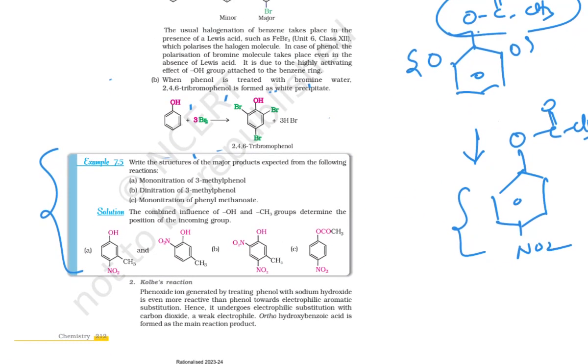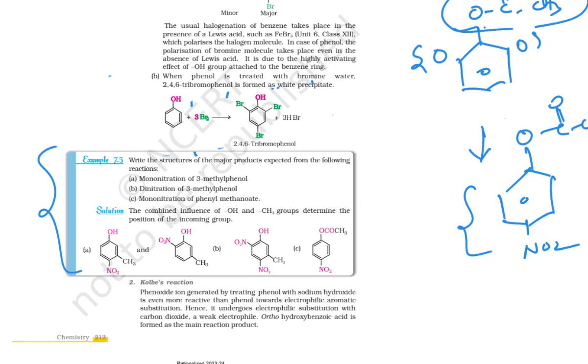Okay, the phenoxide ion generated by treating phenol with sodium hydroxide is even more reactive than phenol towards electrophilic aromatic substitution reaction. Hence it undergoes electrophilic substitution with carbon dioxide, the weak electrophile. So ortho hydroxy benzoic acid is formed.